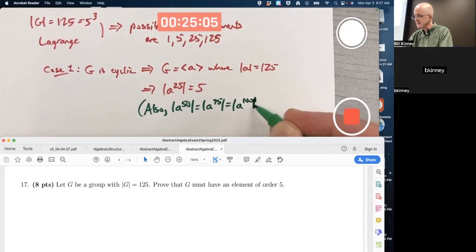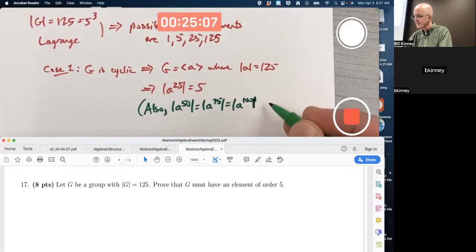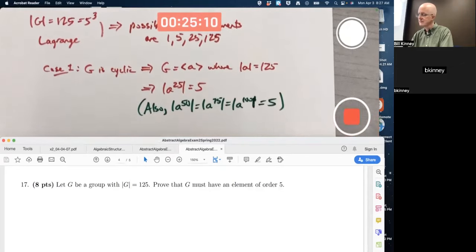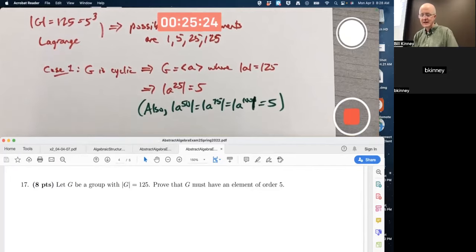Oops, not 1,000. These all have order 5. There are 4 elements of order 5 generating the unique subgroup of order 5. So case 2 would be, what if G is not cyclic?